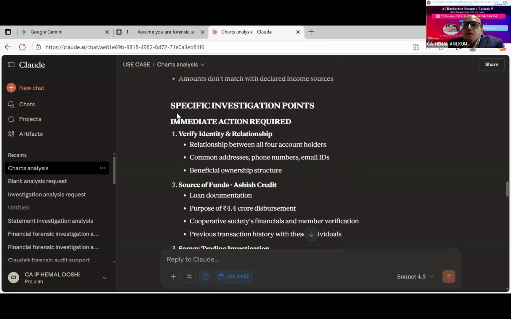Next, it also suggests which action points are required to be done immediately.